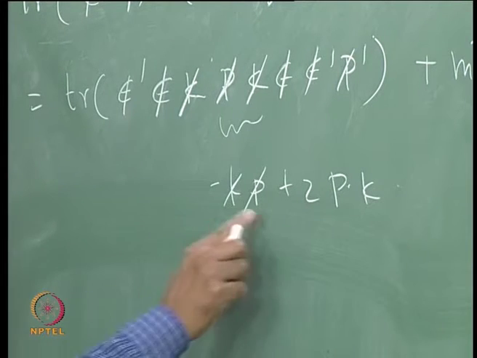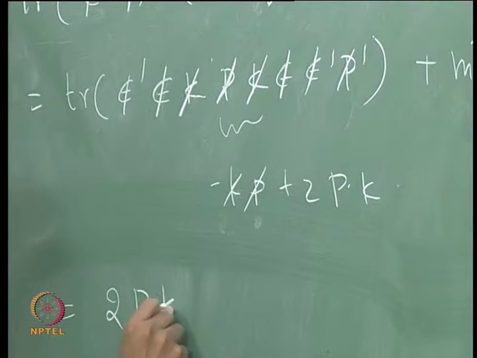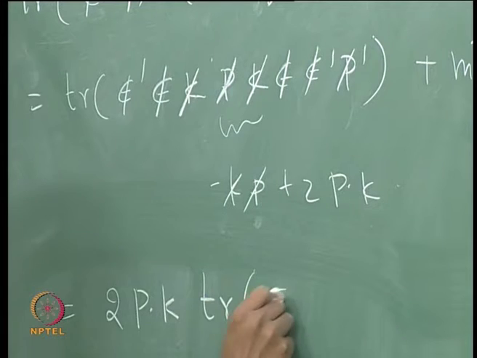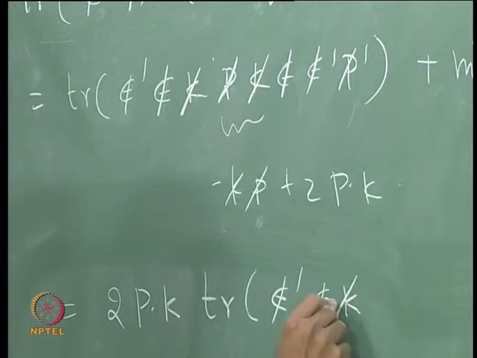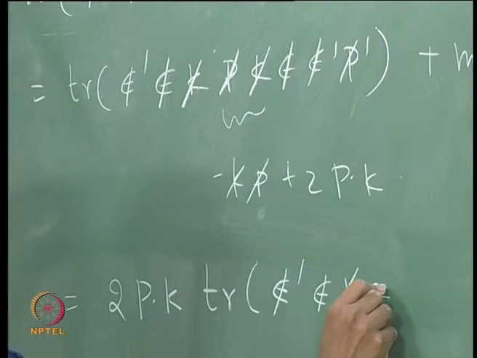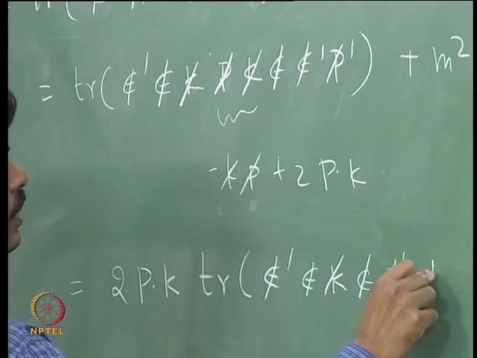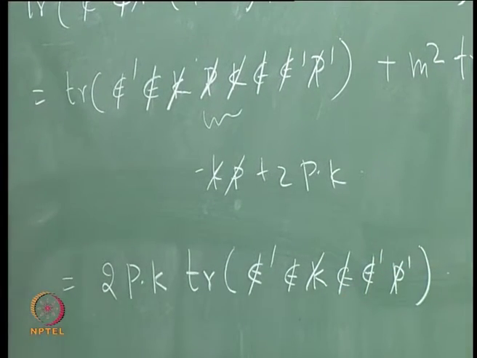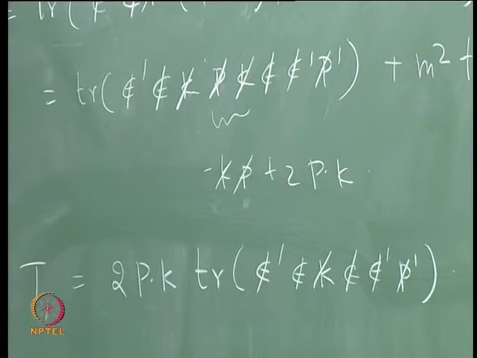So, the first of these 2 terms is 0, therefore, what you get is 2 p dot k trace of epsilon prime slash epsilon slash k slash epsilon prime slash p prime slash. Okay. So, this is what we get for T1.